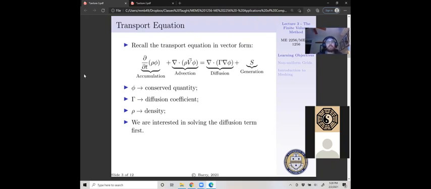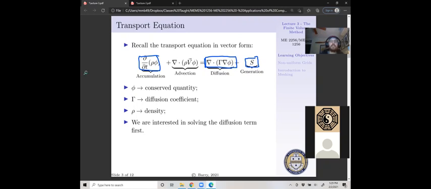Now, in a situation where we have no fluid, i.e. no movement, v is equal to 0, and our advection drops out. We spent last week and a little bit of today talking about diffusion, where we had the divergence of gamma grad phi. And we tack on a generation term, because we can generate some of our conserved quantity within our system. So far, we're working with just this portion of the equation. Next week, we're going to incorporate this guy and hopefully this guy.